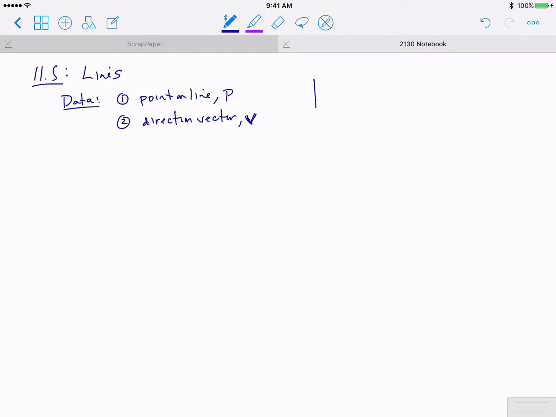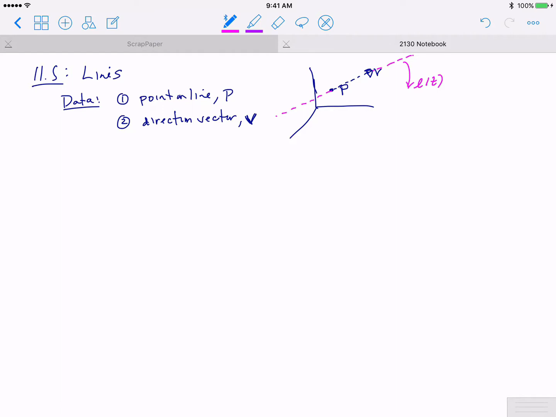Just as a quick sketch of what we're trying to construct, we're trying to construct the equation of something that goes through the point P and points in a certain direction V, and then we would like to come up with the equation of this line. The pink thing is what we are trying to construct the equation of.